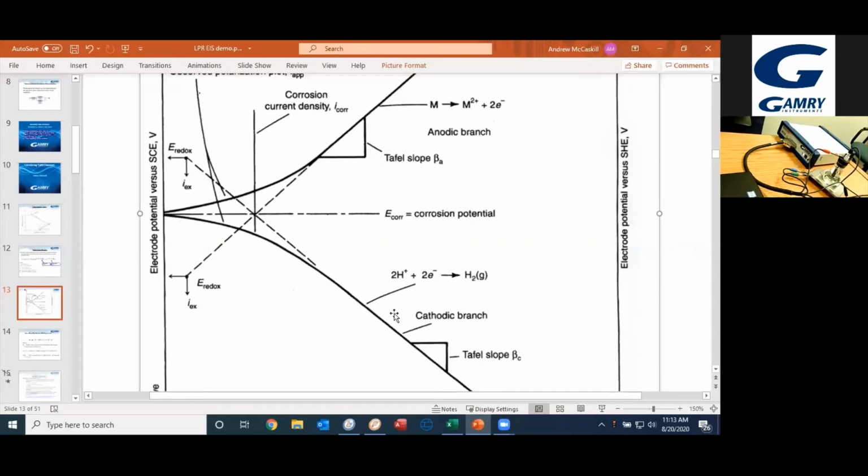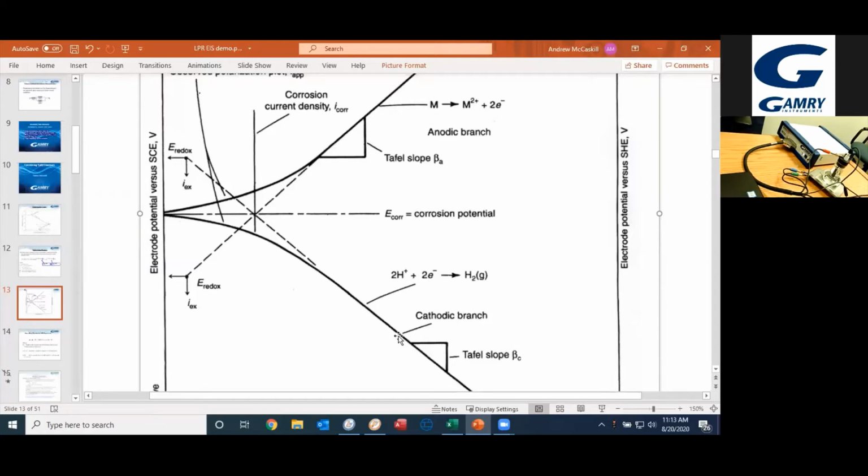But basically, this cathodic branch, it's not difficult to get a nice linear region to extrapolate from. The anodic branch is a different story. If you were to give just the anodic branch to somebody and say, you know, draw a straight line through the linear region, you're going to have quite a bit of error.